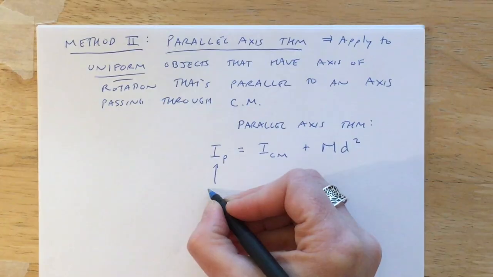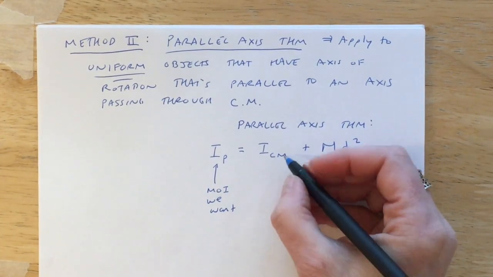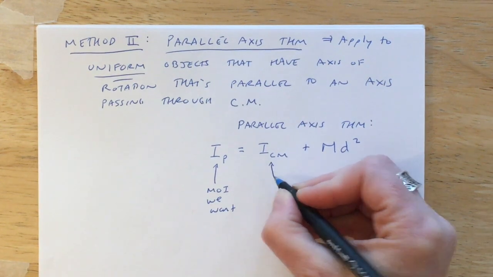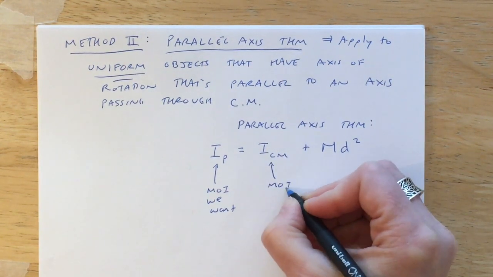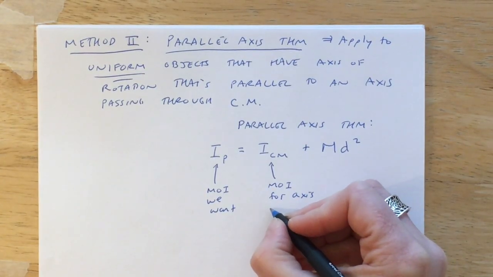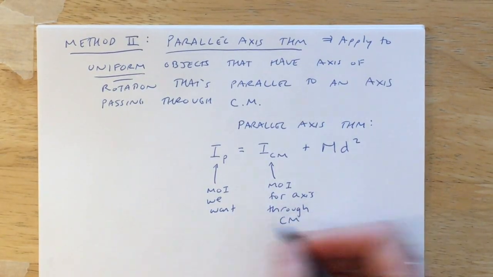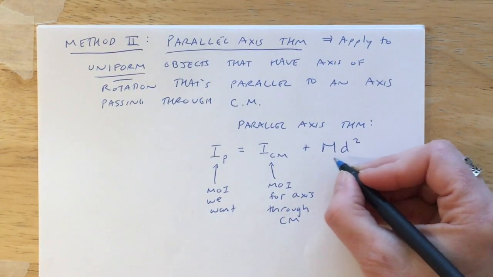So again, I sub p is the moment of inertia we want to find. I center of mass is the moment of inertia for the axis passing through the center of mass that's parallel to the axis that we have.